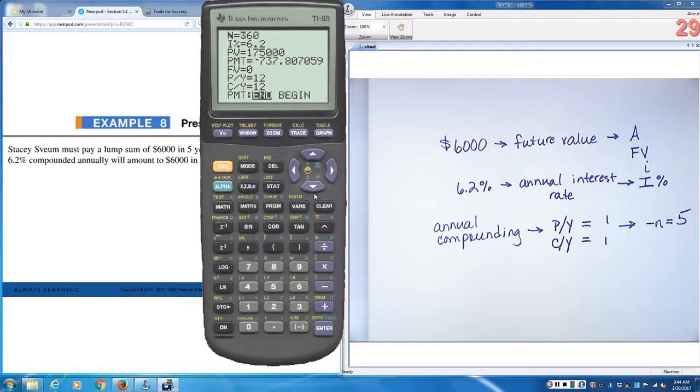The number of payments that we're going to make is 1. And it's compounded annually, so that's once a year. No, I'm sorry, N is not 1, N is 5, because it's 5 years. So I'm confused. So the number of payments is 1, but it's the time that we're supposed to put in N? Yes.